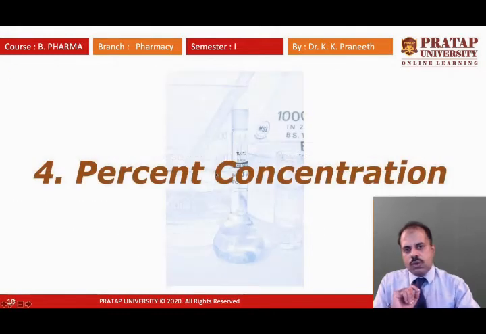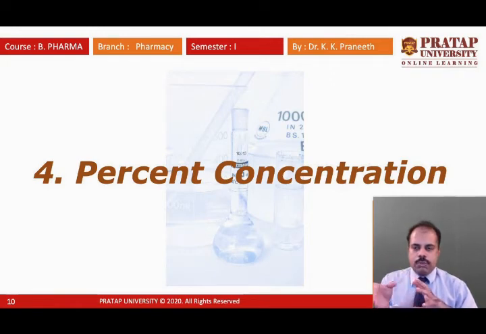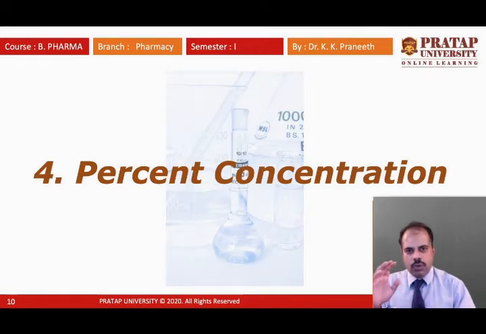So now let's move on to the next concentration term, percent concentration, how to make a solution based on the percentage. Okay, so people make different concentrations, a 10% solution of something, let's say a 10% solution of a medicine, a drug, ibuprofen, paracetamol, and like that.